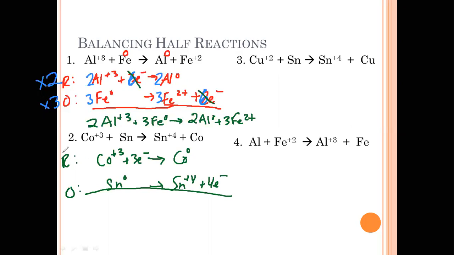With a 3 and a 4, I can make 12. So let's do times 4 and times 3. So this would be 4, 12, 4, 3, 3, 12. Okay, cancel out the 12 because they're the same on both sides. Rewrite what is left over.